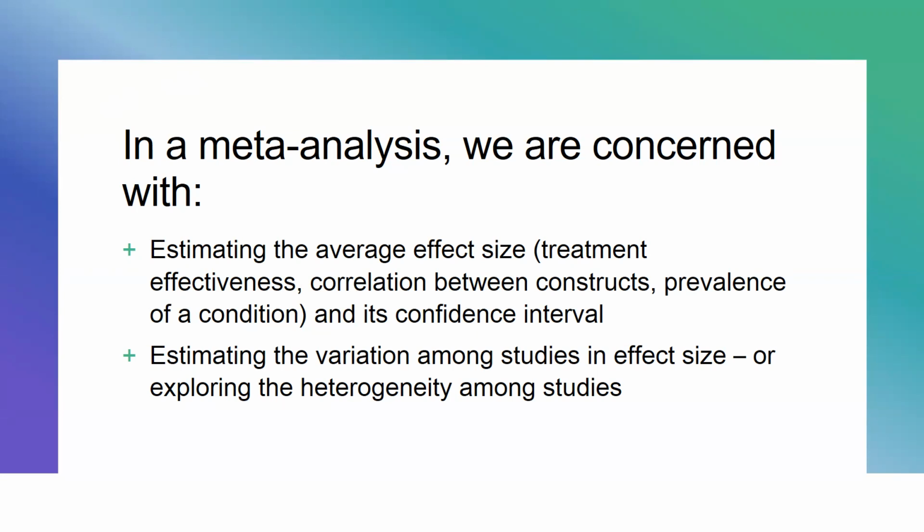We often want to know not just if on average that new program works, but also how varied it is across a set of studies. And are there contexts where that intervention is more effective than in other places? That's the second question in a meta-analysis, the variation among studies.